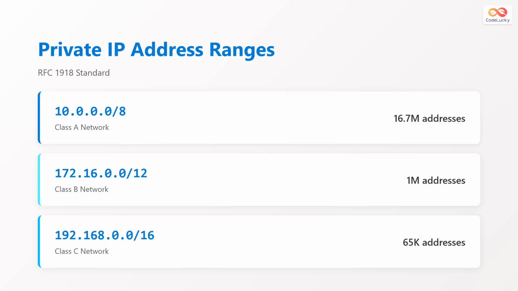The Class C network, 192.168.0.0/16, provides 65,000 addresses, perfect for smaller deployments. These private ranges ensure your internal traffic remains secure and doesn't conflict with public internet addresses.